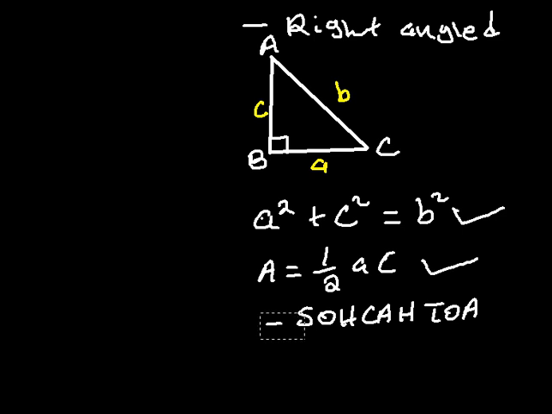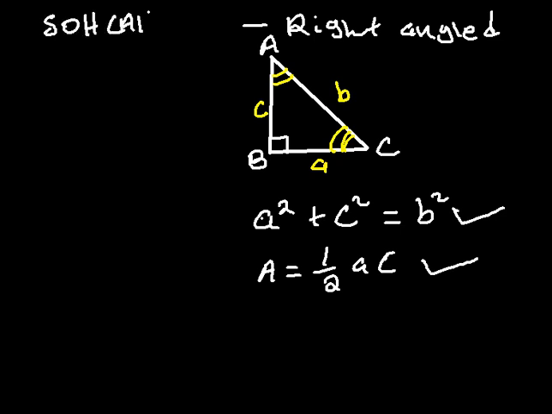Now let me use the same triangle, and this is just a review that you should keep in mind. This is angle A, and this should be angle C. So in trigonometry part 1, we discussed what we call SOHCAHTOA.